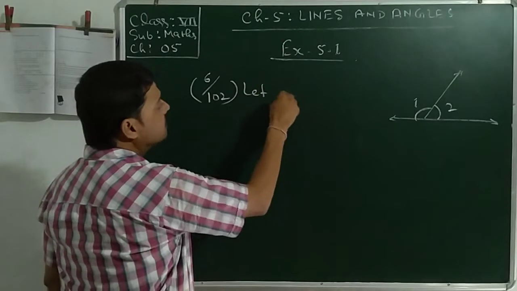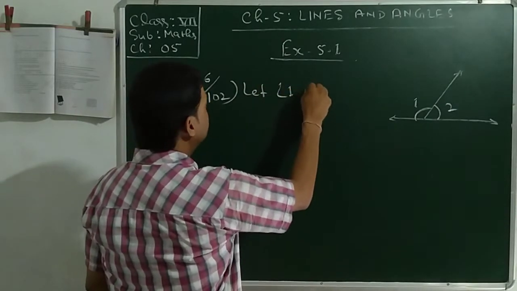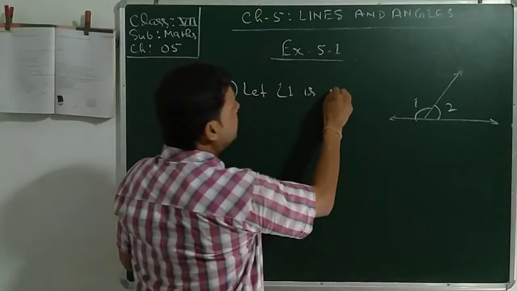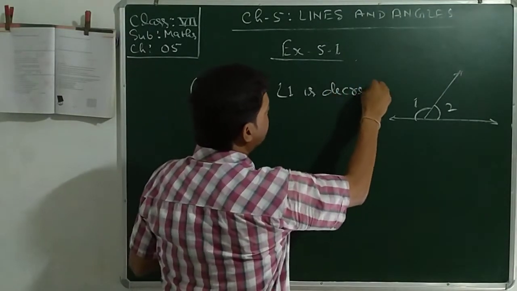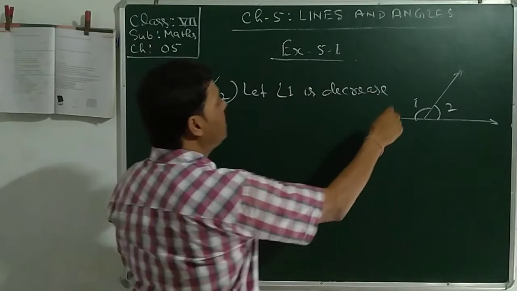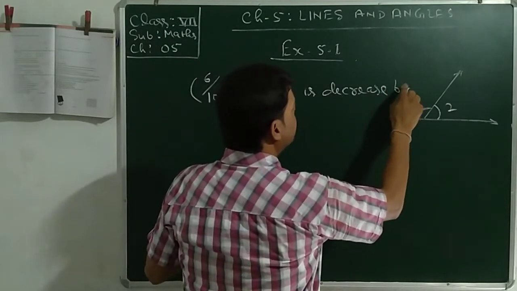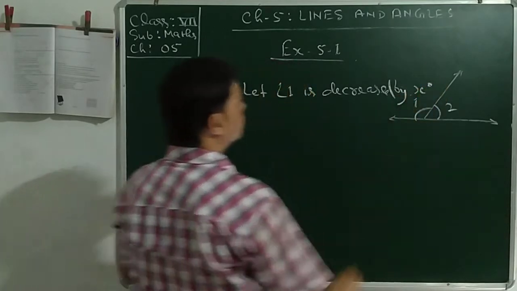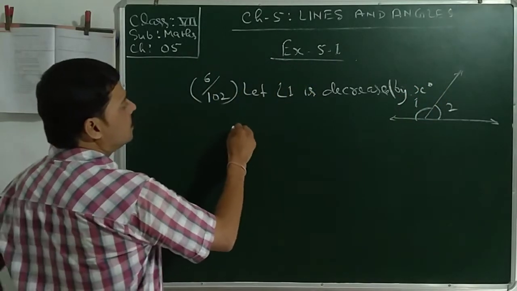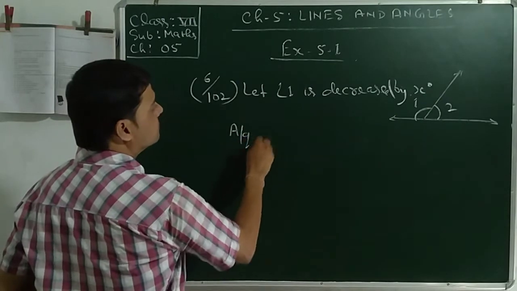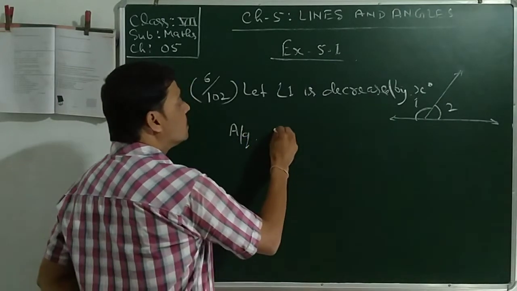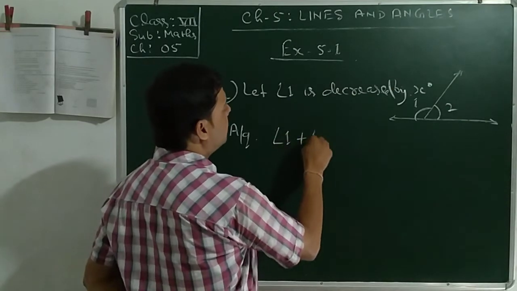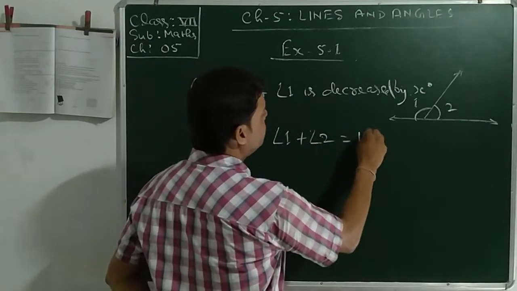Let angle 1 be decreased by x degree. According to the question, angle 1 plus angle 2 was 180 degree.